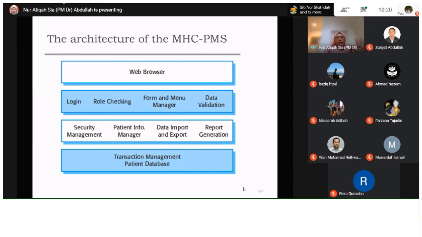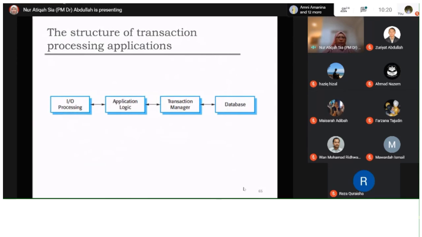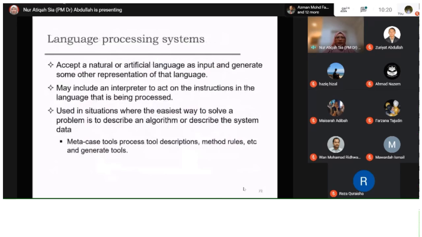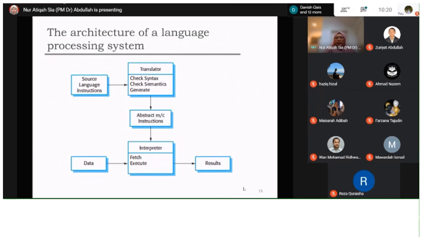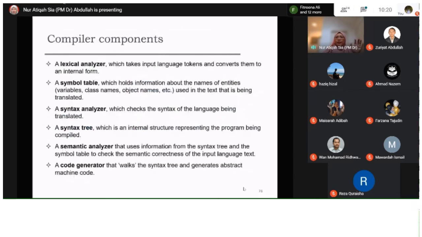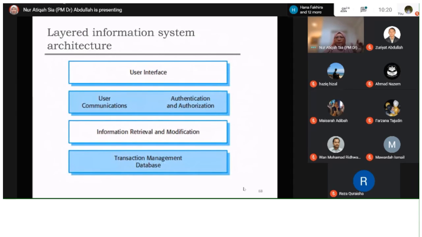Jadi application architecture tu, setakat ni saya introduce kepada transaction processing, kedua information system application, ketiga language processing, compiler. Itu adalah application architecture. Bermaksud kalau you nak create satu information system, ini adalah bentuk dia.